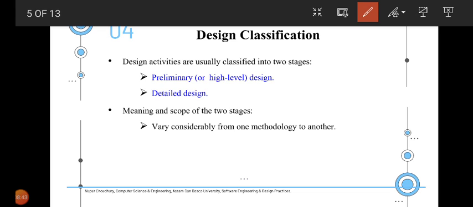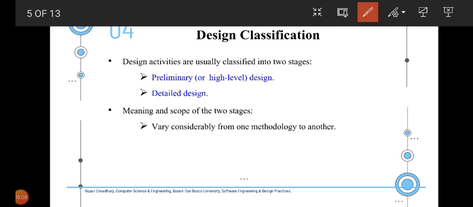We have to understand that this preliminary or high level design is from a broader perspective and it gives you the entire structure of the project. However, the detailed design goes into more details of the project or more details of the modules, which involves various data and the data structures along with the algorithms that they are using.